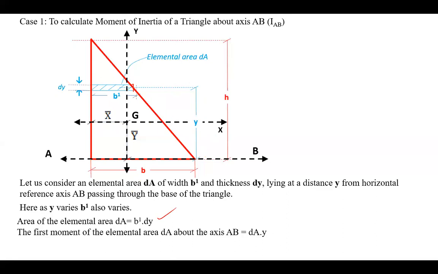Next, from first principles, the first moment of area about the base, since we are finding the moment of inertia about the base, is the area dA into the perpendicular distance y, that is dA into y. The second moment of area is the moment of area into y, so dA into y becomes dA into y square.